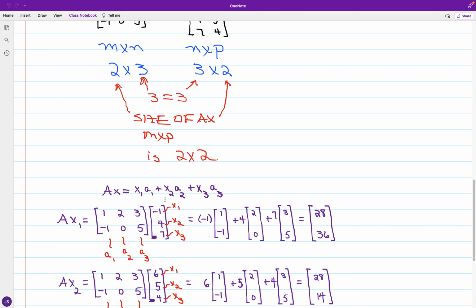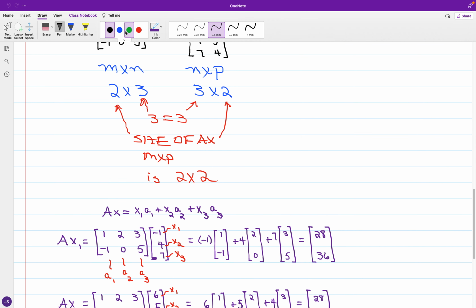So we have x of 1 times A of 1. x of 1 is -1, x of 2 is 4, x of 3 is 7. A of 1 is the column 1, -1, in column formation, plus 4 times A of 2, which consists of 2, 0, and 7 times A of 3, which is 3 and 5.